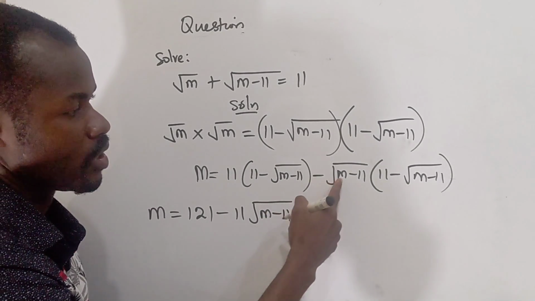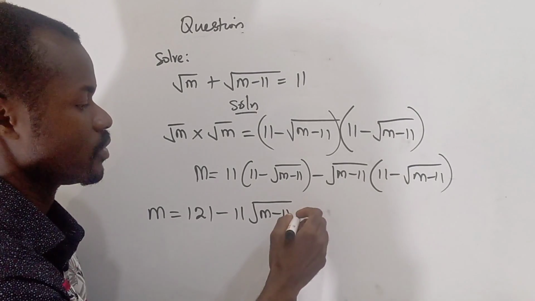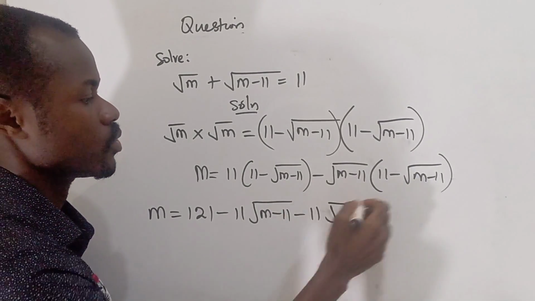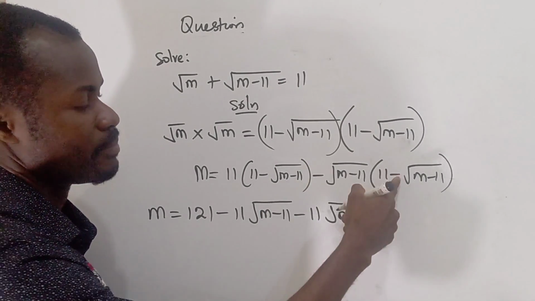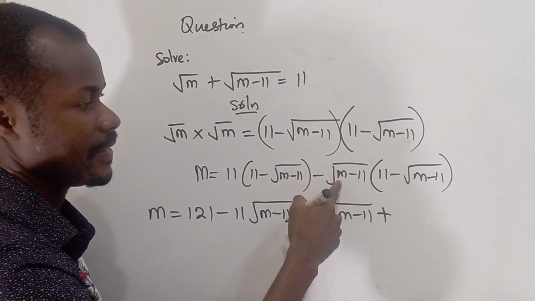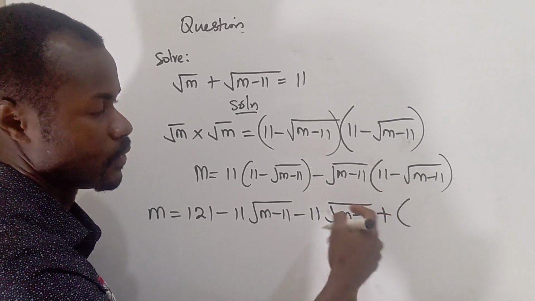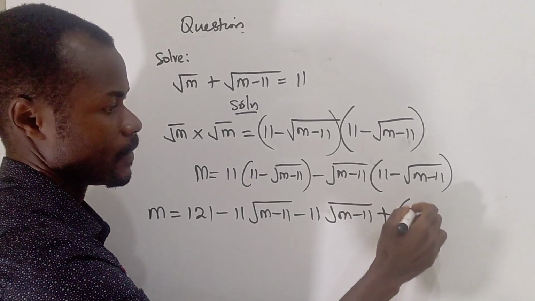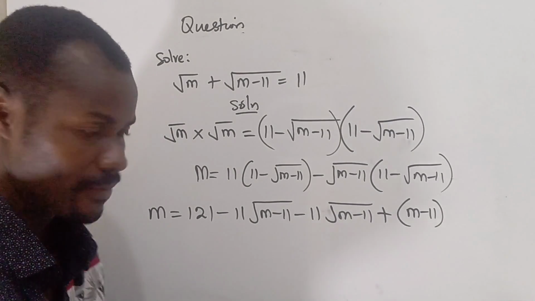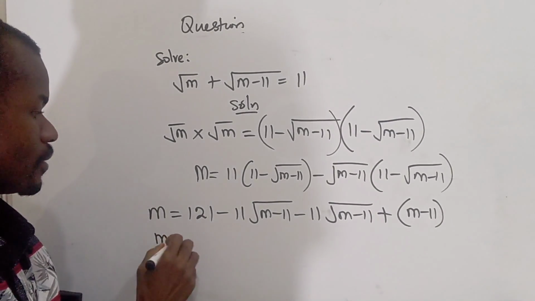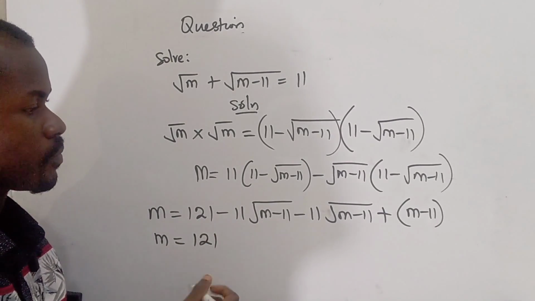Now minus square root m minus 11 times 11 gives us minus 11 square root m minus 11. Minus times minus is plus, so this gives us m minus 11. So that's what we have. Our m is equal to 121.